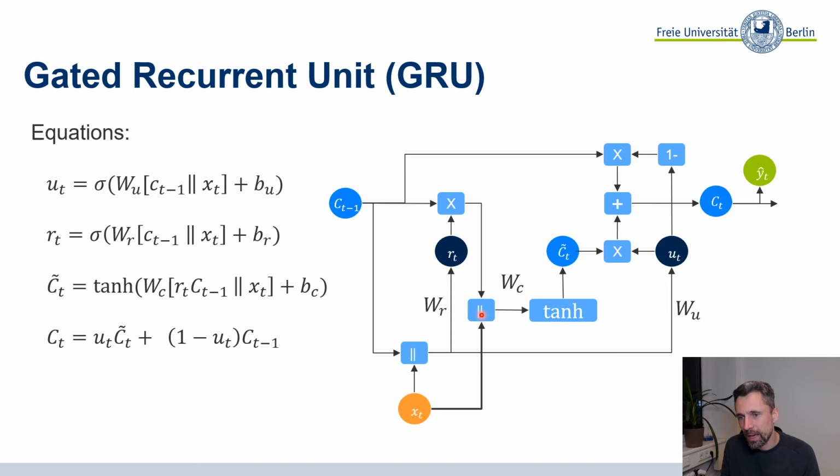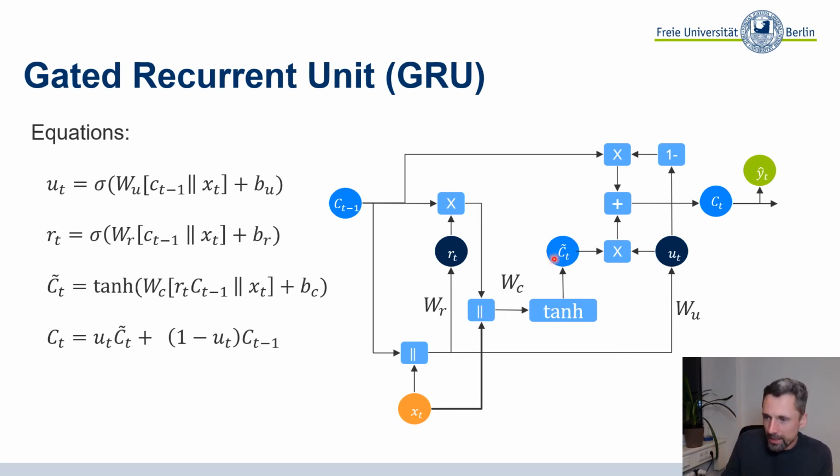So this gate defines how much old information will be coming into the calculation of the new context vector. And the concatenation here defines this upper part of this input vector, which is the current x, and the lower part, which is this gated context vector.